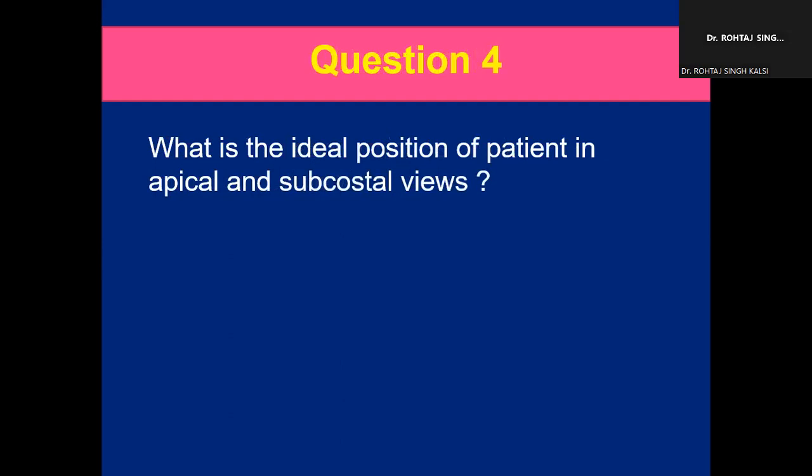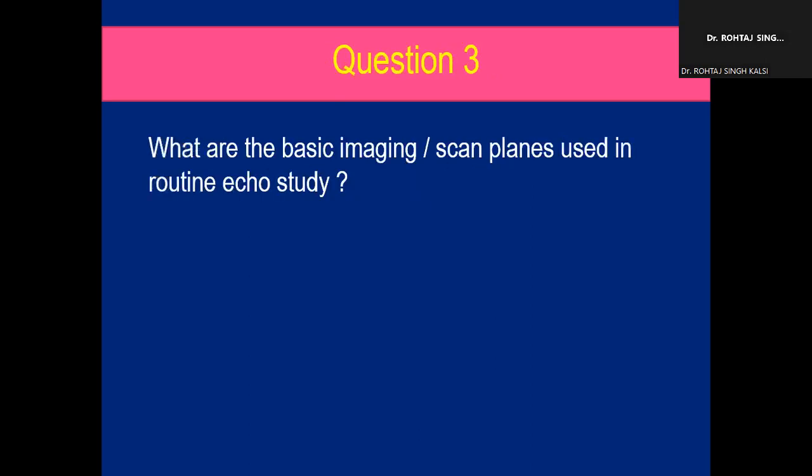In the apical axis, what are the planes which we see? The apical is a four chamber plane basically, and we can go for 3, 2 and 5 also. What 5? 5 chamber view, 2 chamber view, 3 chamber view, 4 chamber. Correct. And long axis plane?